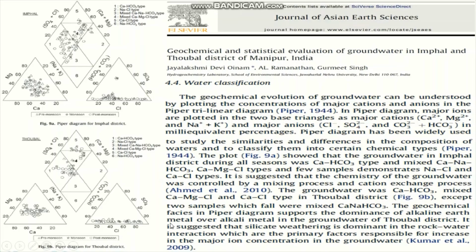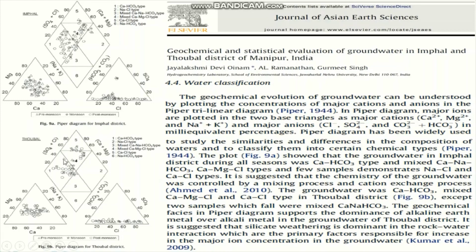After that, the geochemical phases in the Piper diagram support the dominance of alkaline earth, which I have explained in the first slide: when most of the samples come on the left side of half of the ring, that denotes the dominance of alkalinity.